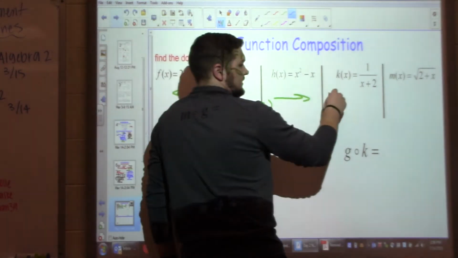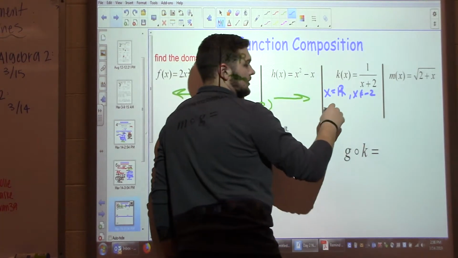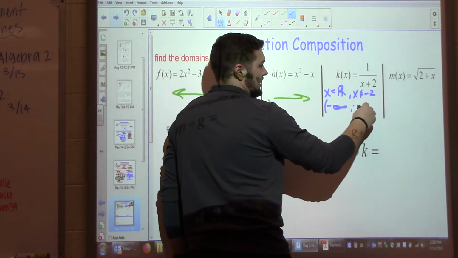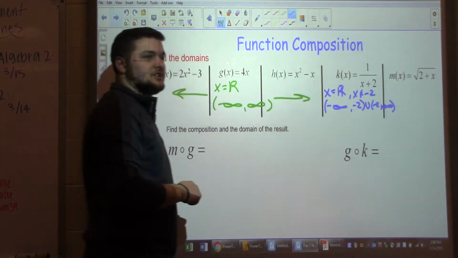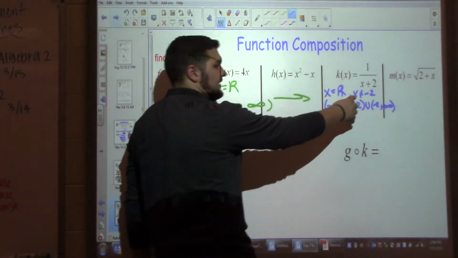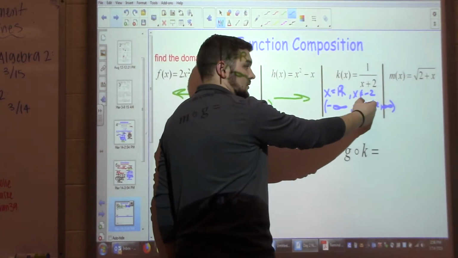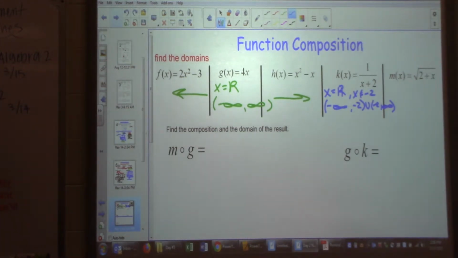So x is in the real number set, cannot equal negative 2. Negative infinity to negative 2, union negative 2 to infinity for our interval notation. And then m of x. With that interval notation, if it can't equal something, that union should be right between that number twice. We're basically skipping over that number.